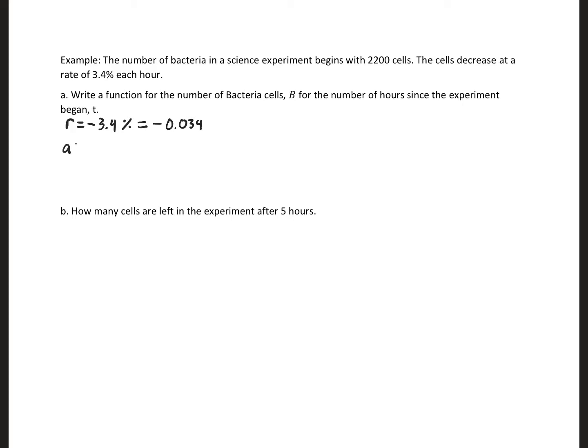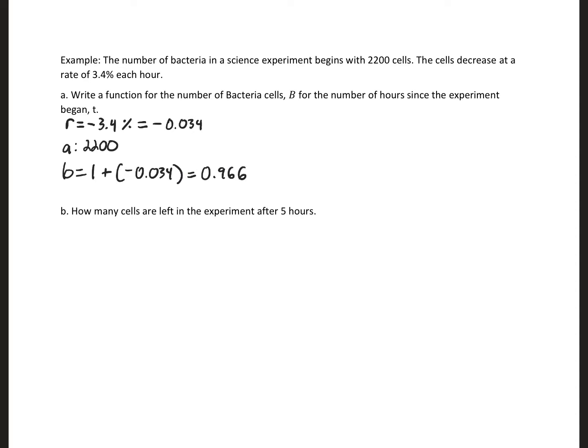Our initial value A is still our starting value, which is 2,200 cells. But now when we find B, it's 1 plus R. Well, that's 1 plus negative 0.034. That will give us 0.966.